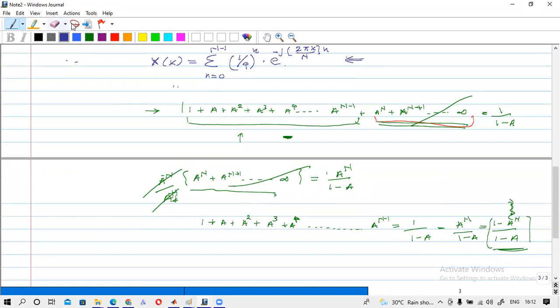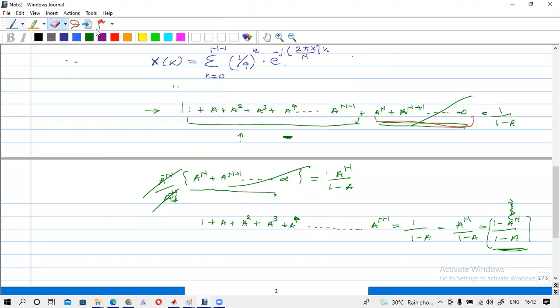If you look at this result, you can see that it is a finite power series, n from 0 to n minus 1. So you can write this like this: quarter e to the power minus j 2π/5 k divided by N, and this whole term goes to the power n, so this will be like a^n.